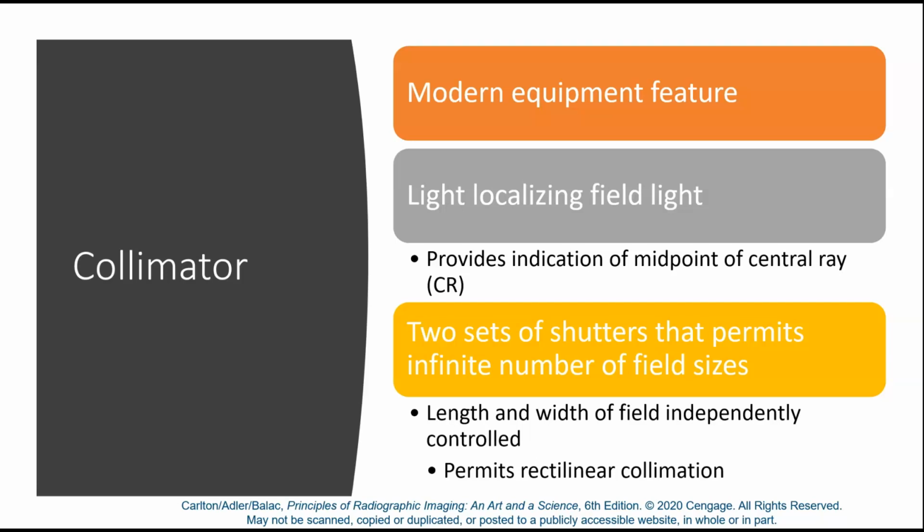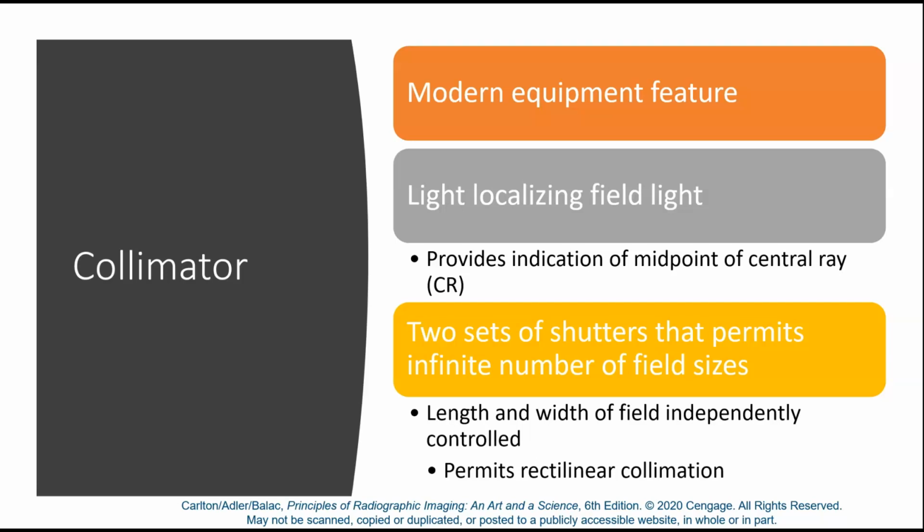It provides indication of the midpoint of the central ray. There are two sets of shutters that permit an infinite number of sizes, so the length and the width of the field are independently controlled. It permits reticular collimation. So you can collimate either way.